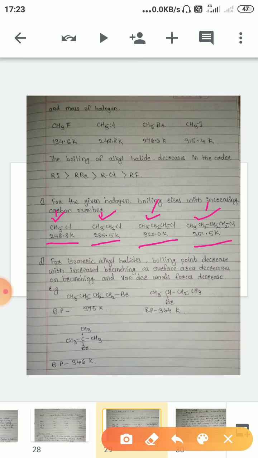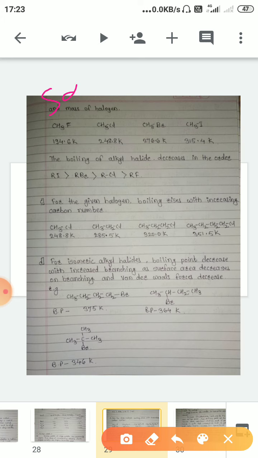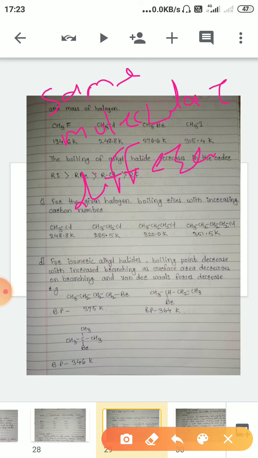In the same way, we are going to see alkyl halides with the same number of carbon atoms and the same halogen atom but which are isomeric. What is meant by isomers? Compounds having the same molecular formula but different structural formulae are called isomers of each other.